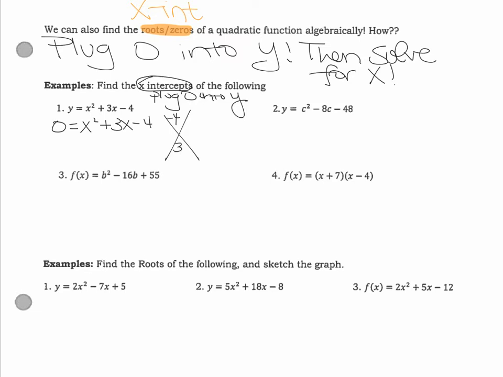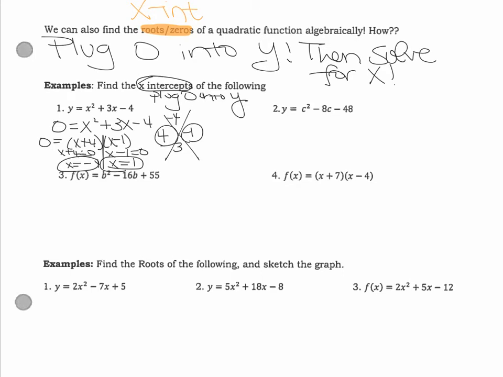Factors of -4 that make 3. 4 and -1. So I have x plus 4, x minus 1 equals 0. This equal sign tells me I'm not done. I've got to split up my factors. X plus 4 equals 0. X minus 1 equals 0. So over here, x is going to equal -4. And x over here is going to equal 1. It's the exact same thing I've been doing.